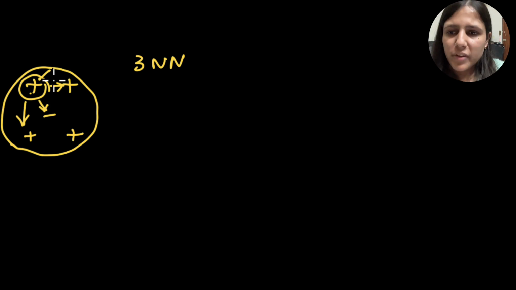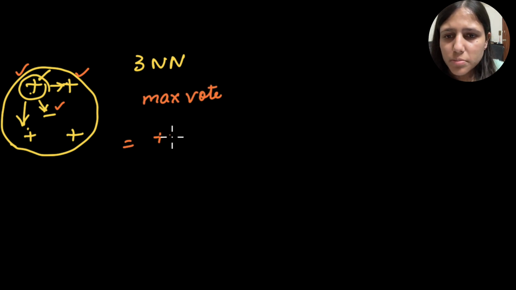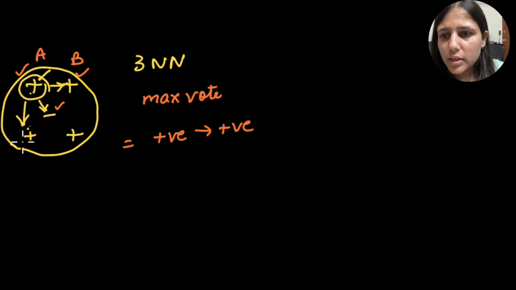So we are getting a tie, but we can choose. These two are at equal distance, so we can take any one. We'll take this and this, and I'll do a max vote. When I do a max vote, this positive example gets classified as positive. I'll name these A, B, C, D, E. So A gets classified positive.